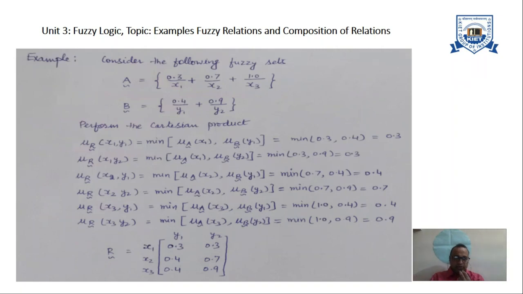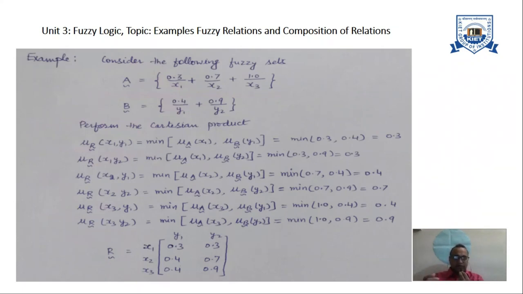So once we connect all elements of set A with all elements of set B, it simply means we want the Cartesian product of set A with set B.